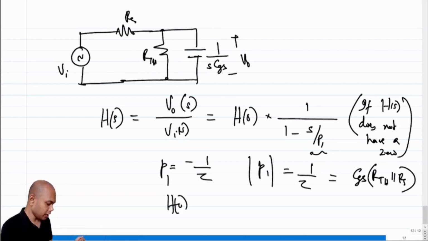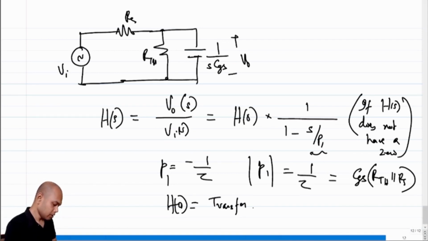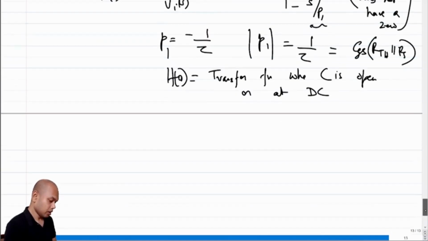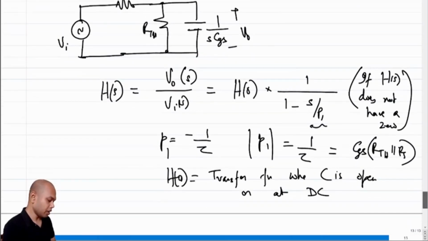What is H(0)? H(0) is the transfer function when s equals 0, which means it is the transfer function when the capacitors are open circuited, or at DC. We know how to figure out the DC transfer function.